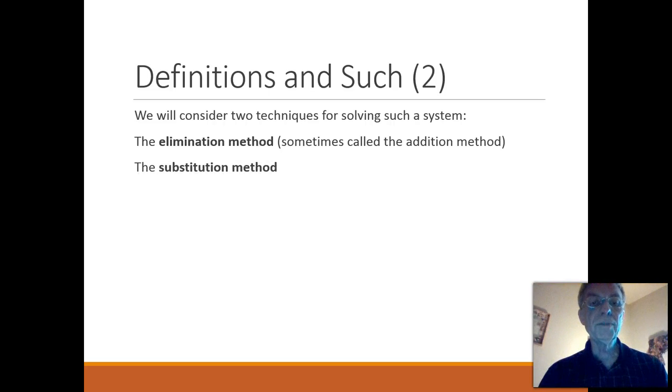In the substitution method, you're going to take whatever one of the variables is equal to and plug it back into the other equation. In this case you will have a variable expression that you will plug back into the other equation for the variable.